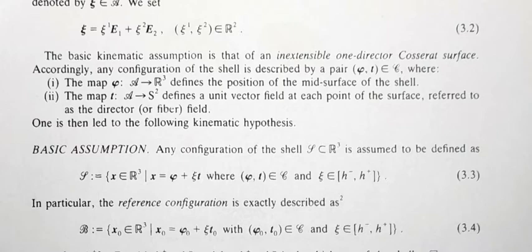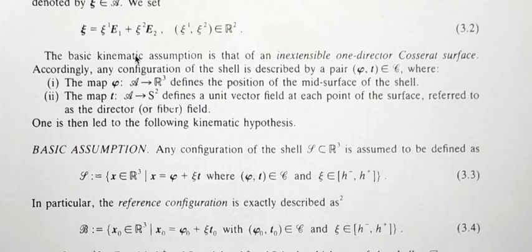So basically we have two maps phi and t to describe any general configuration of the shell. So phi maps the points which are lying on the mid surface of the shell. So it is from A to R3. A is basically denoting the Euclidean space or plane of the Euclidean frame of reference, and it has the coordinates zeta1 and zeta2 to describe any vector on this surface.